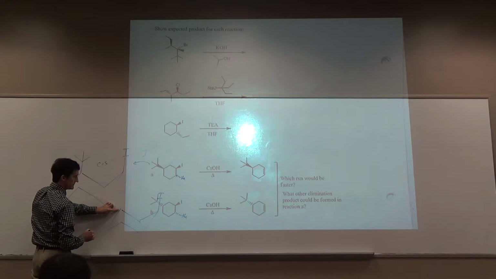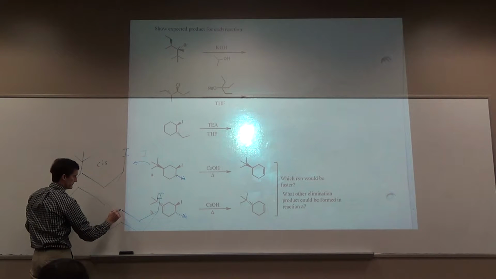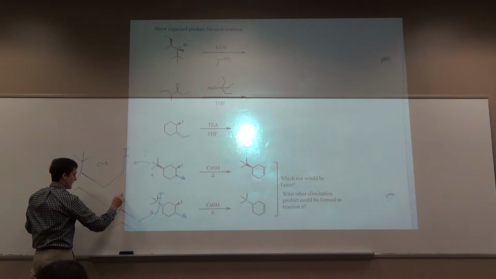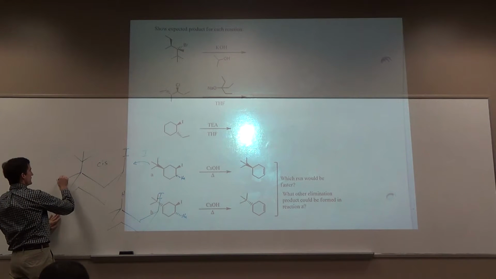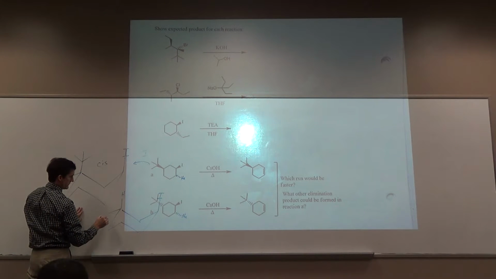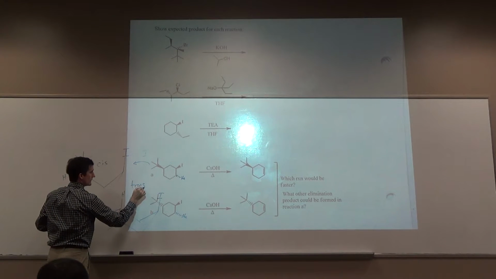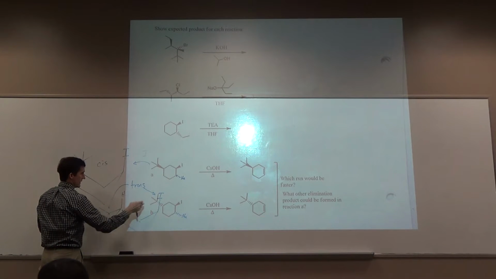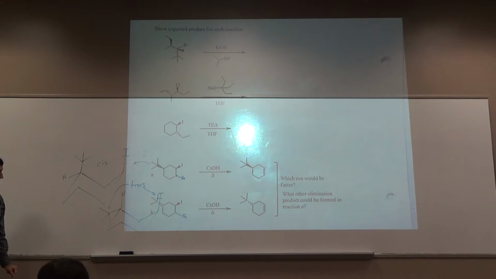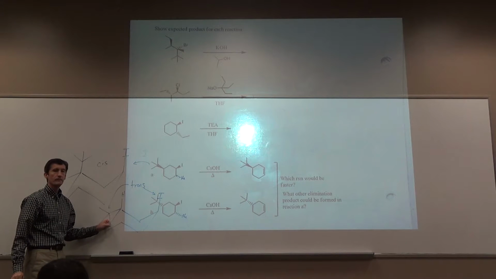The t-butyl is over here, but it would be what? I'm drawing the H's there. The trans. This would be equatorial.